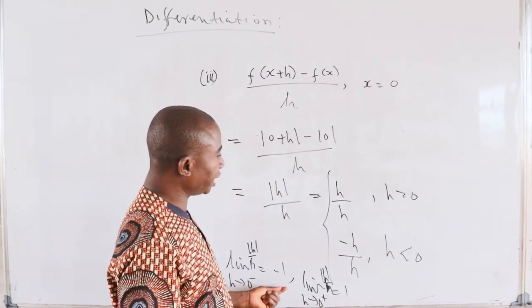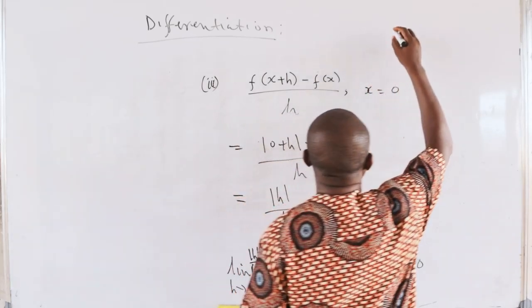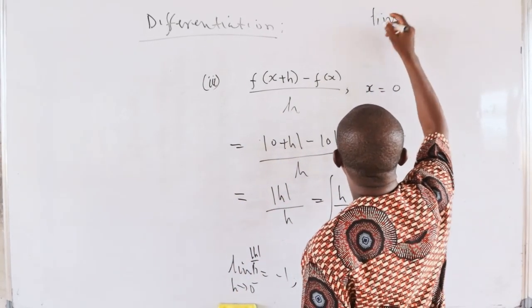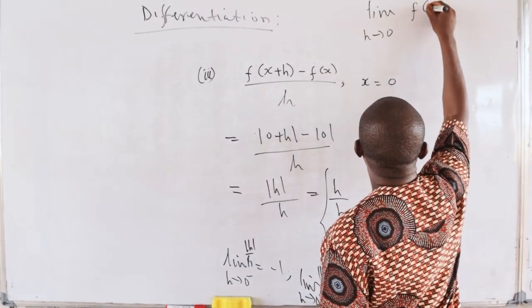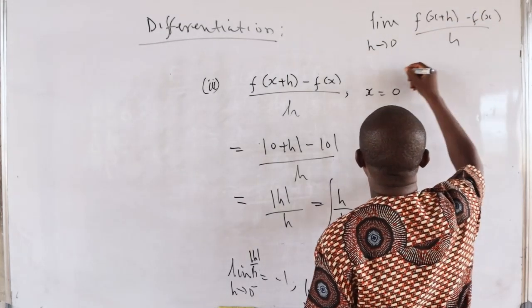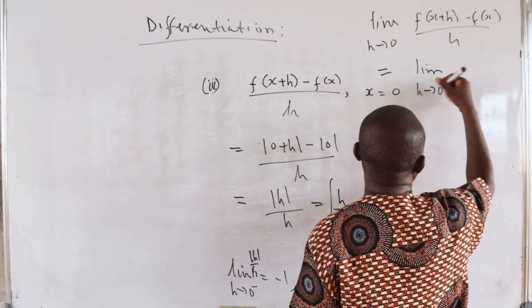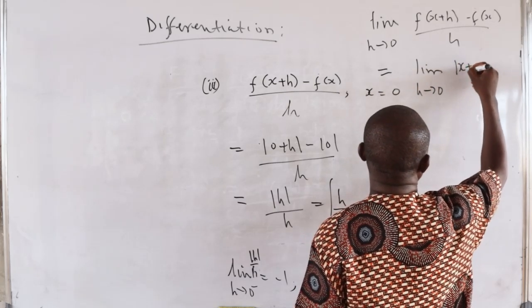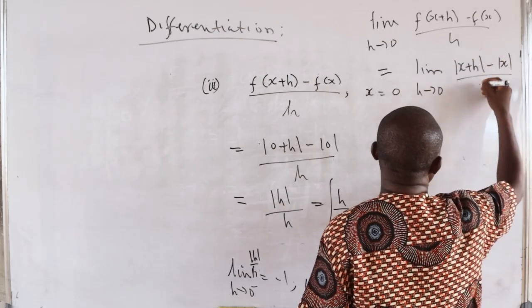So notice here the emphasis I was making, that we do not have to be writing limit as h tends to 0 of f of x plus h minus f of x over h, and then say it is equal to limit as h tends to 0 of absolute value of x plus h minus absolute value of x divided by h.